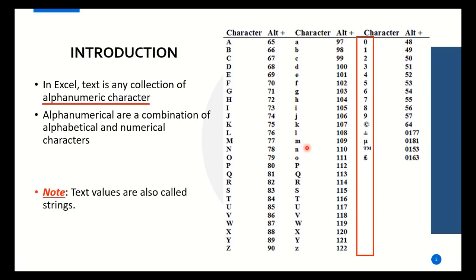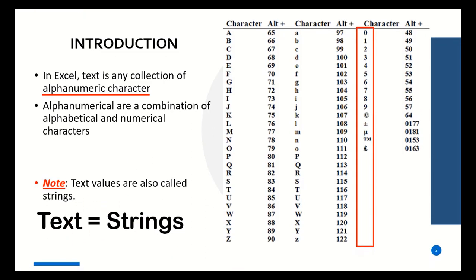Note about this: text values are called strings. So text and string mean the same. When I say text and string, both of them refer to the same thing, okay? I mean the same meaning between text and strings.